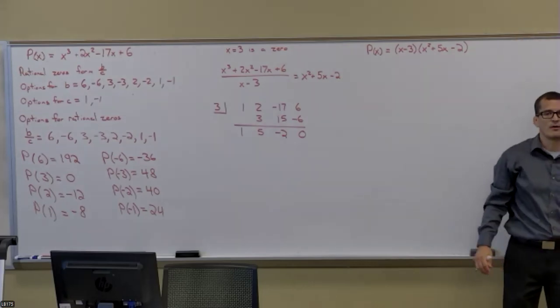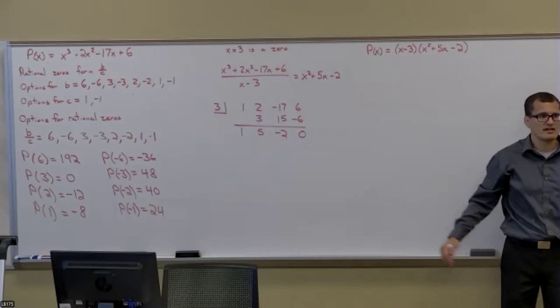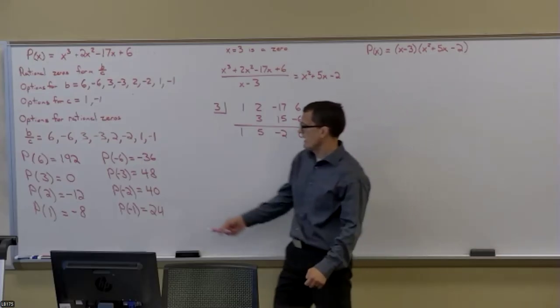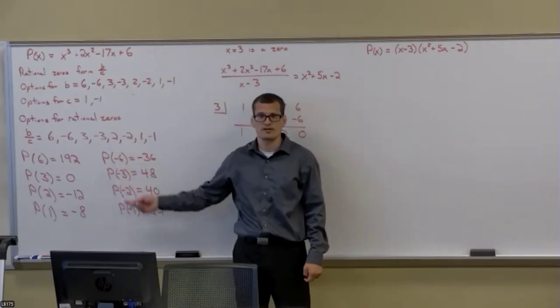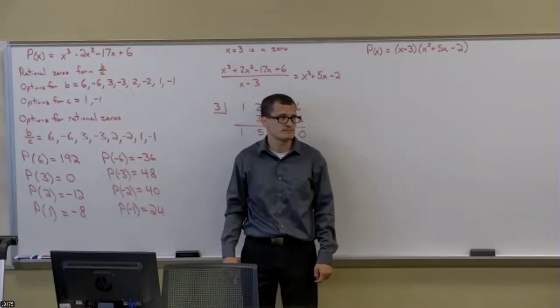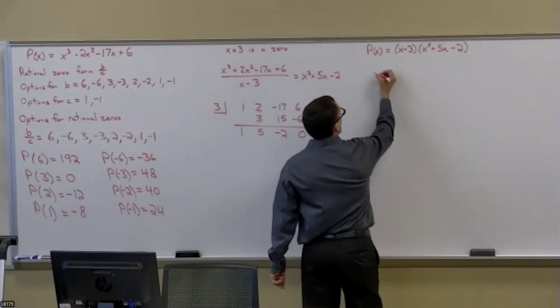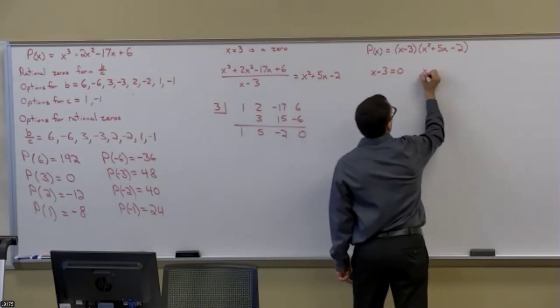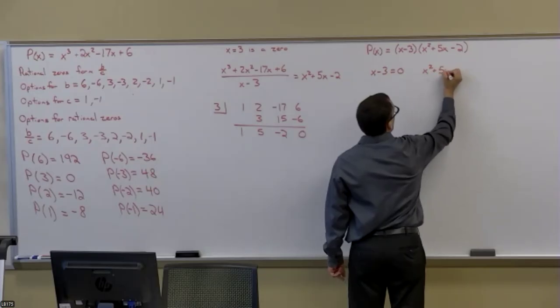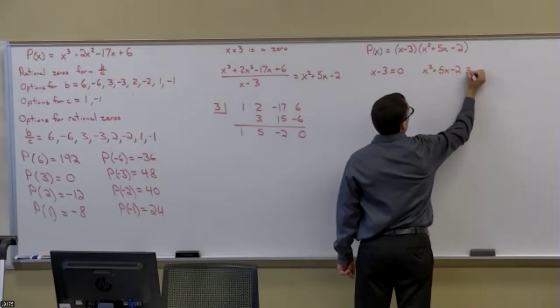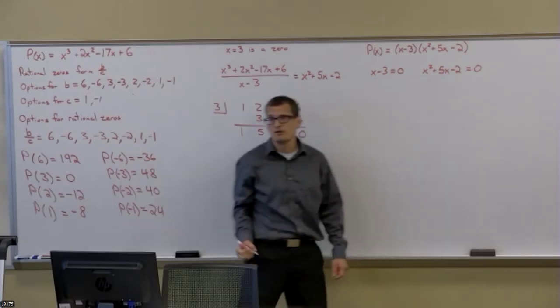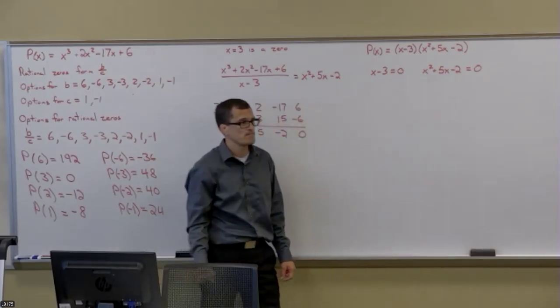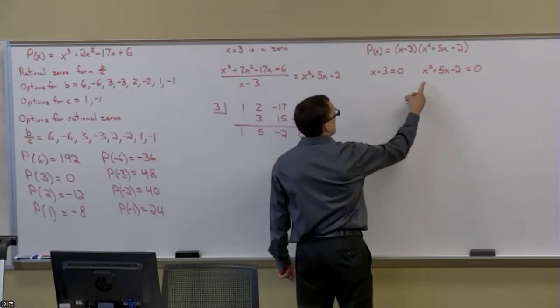We actually know x squared plus 5x minus 2 is not going to factor, because if it did, I would have saw those zeros over here already. So we set each piece equal to 0. Just like we did in the first few examples there.